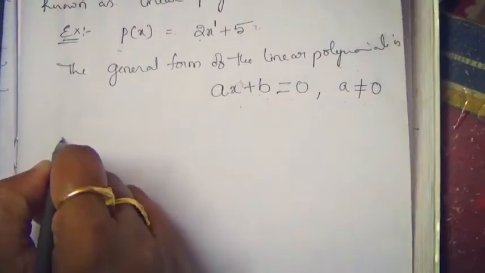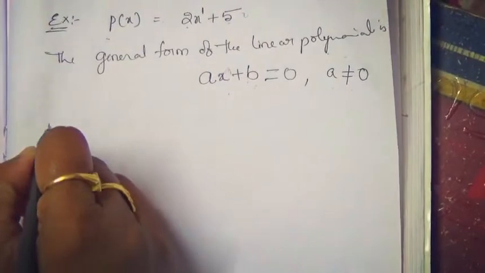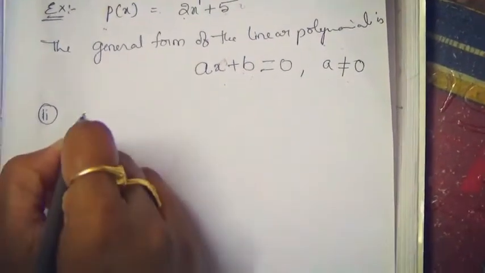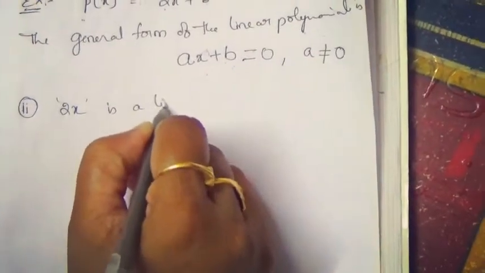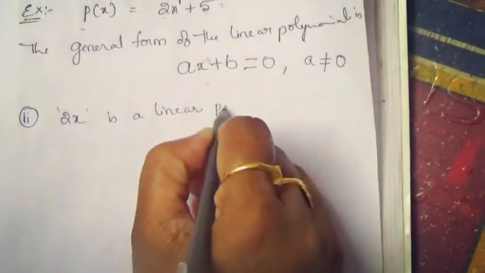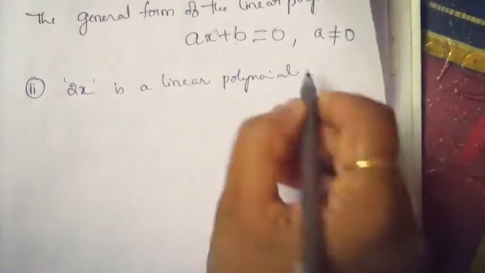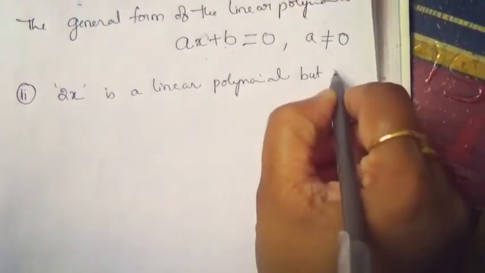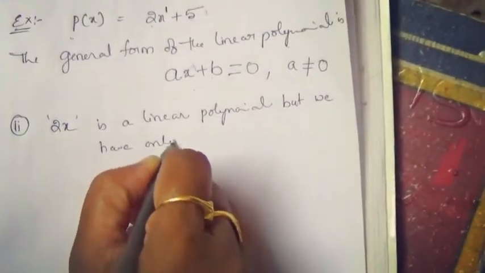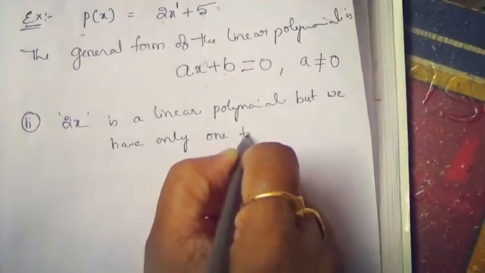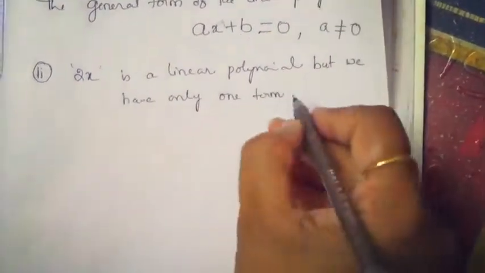Example: 2x is a linear polynomial. But we have only one term, that is 2x.